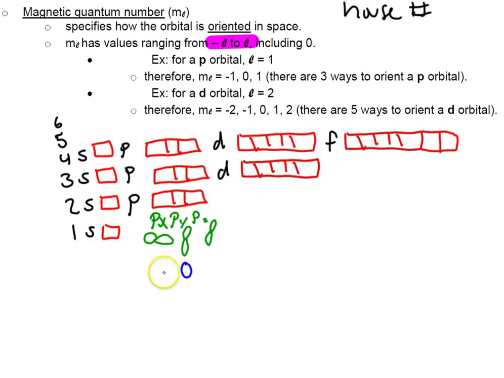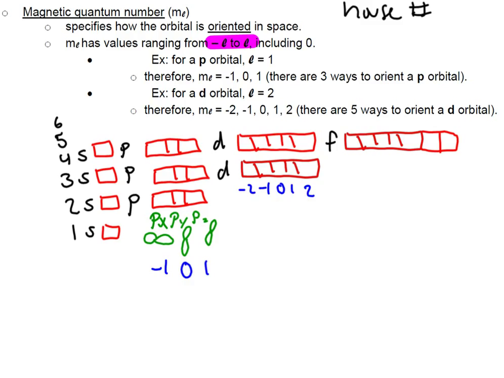And then we range in the negative direction and the positive direction from there. So the next one over would have a -1 value, and the next one over in the positive direction would have a +1 value. So we've got -1, 0, +1. If we do a similar process for a d orbital, the middle box would be 0, then we would have -1 and -2. In the other direction, we would have +1 and +2.